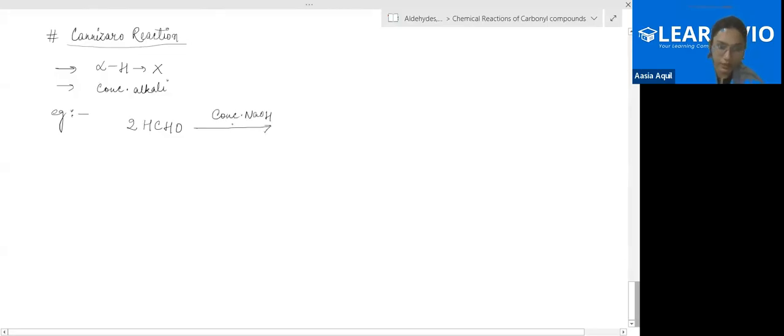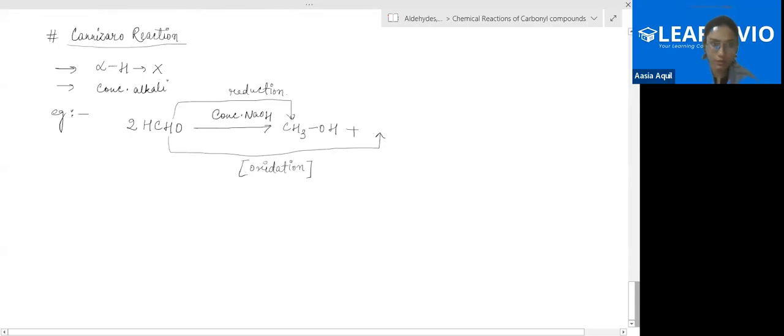So on reduction, you can use any reducing agent, and what will be the product? This formaldehyde, this aldehyde, will reduce to alcohol, right? And what if we do oxidation?